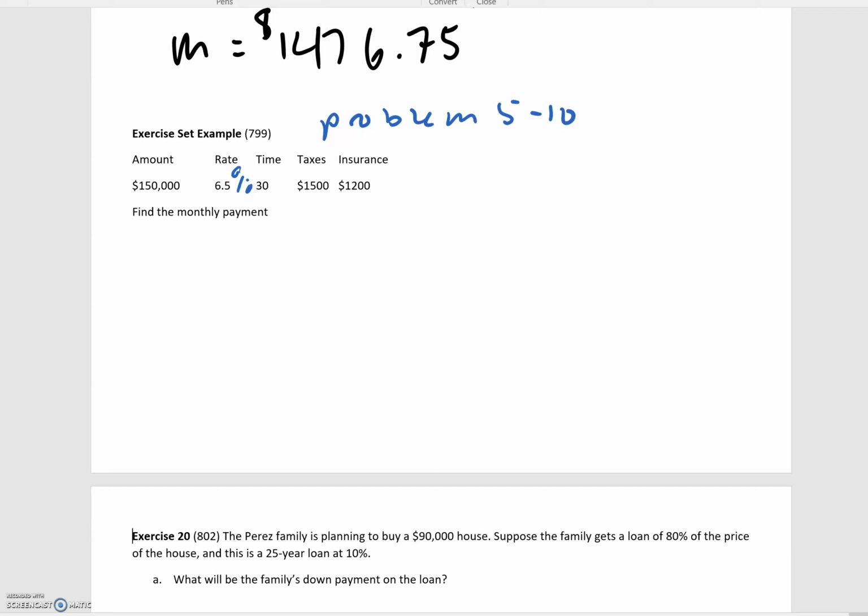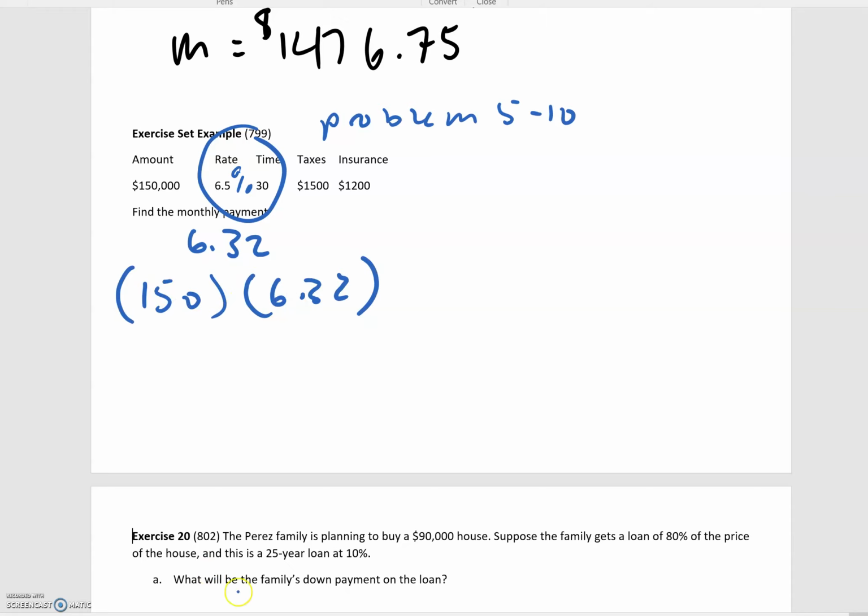It's the column and row. Column is time, row is rate. So if we use that table with these two, 6.5% and 30 years, we're going to get 6.32 per thousand. So if our loan amount is $150,000, then your monthly cost for the loan is going to be 150 times 6.32. Okay.